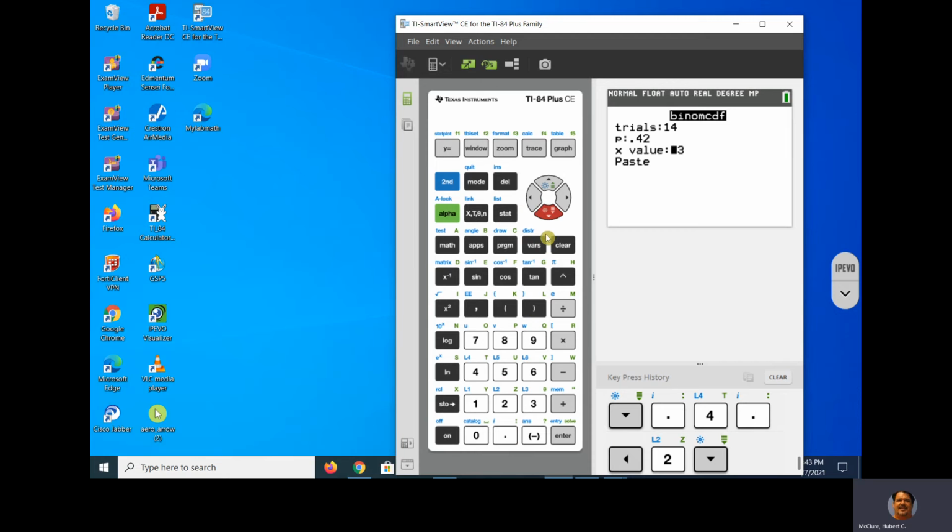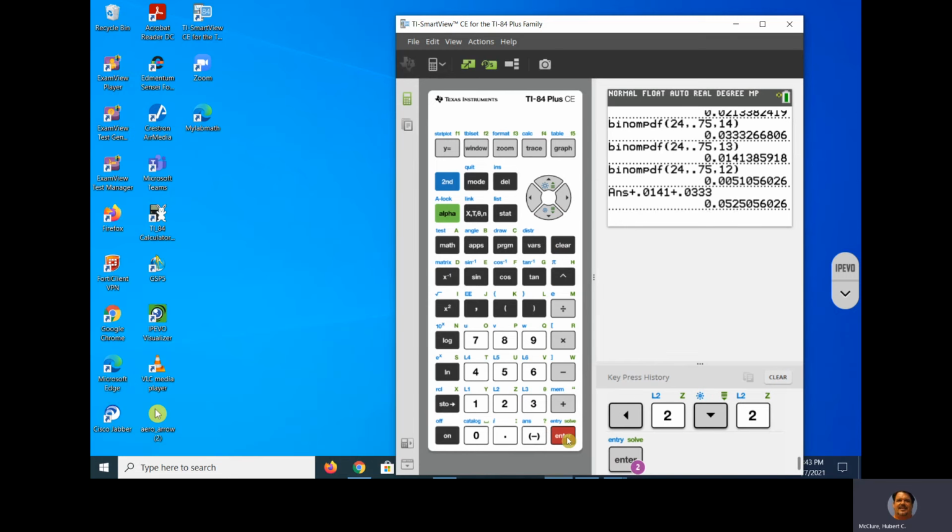This is CDF, so that would be 2. The answer is 0.0287. And what is 1 divided by 7? 0.14.